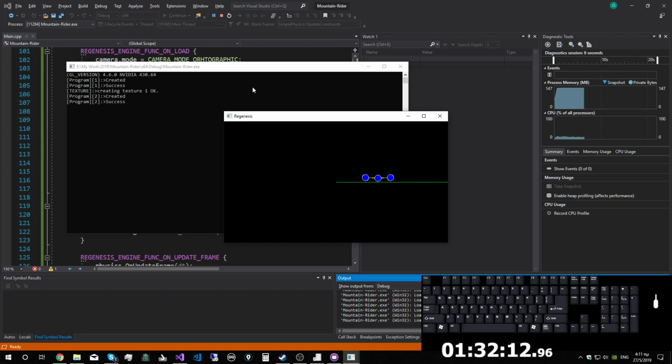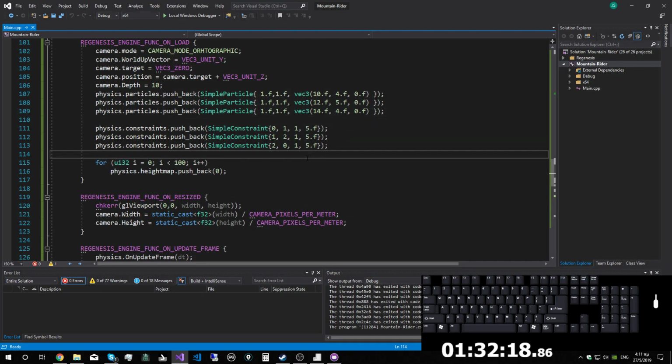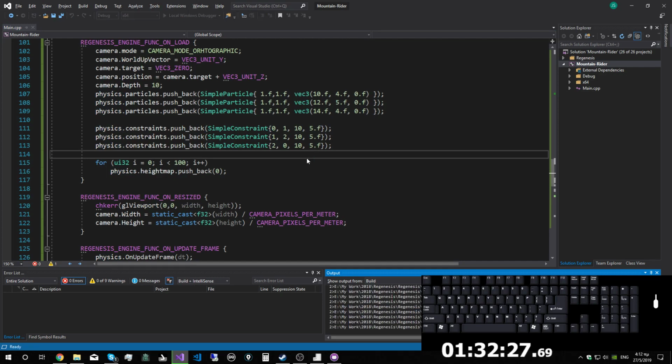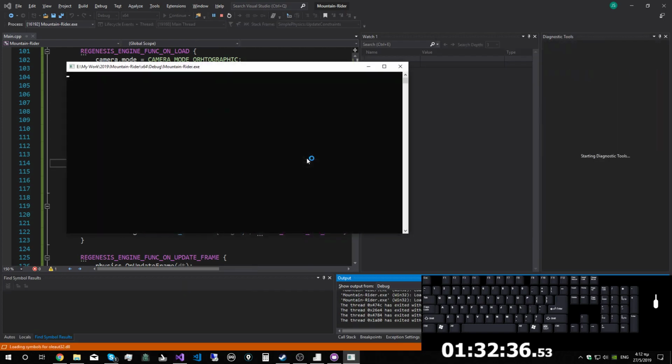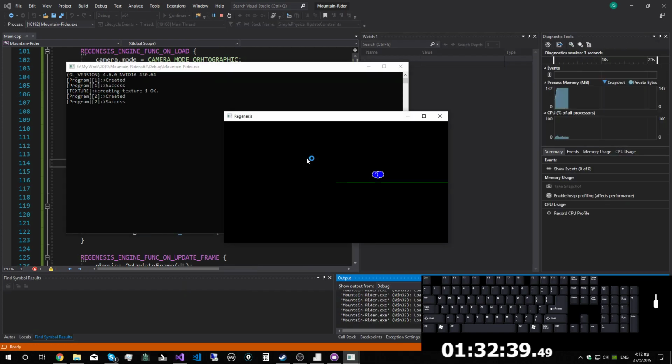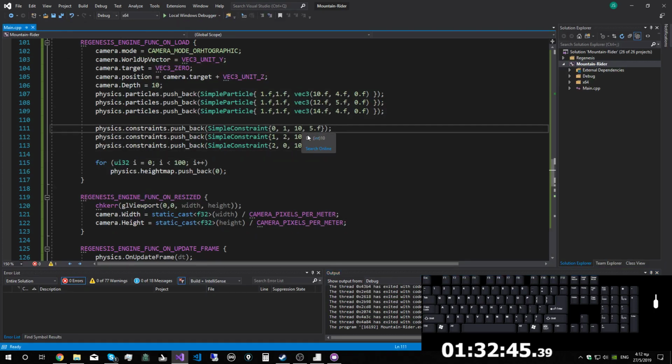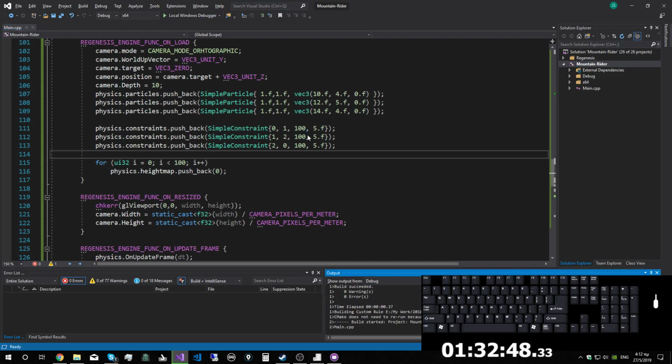Okay. Let's go ahead and say that's 10. Okay, let's go to 100. Now it is because there is not enough strength for these strings to overcome the gravity.